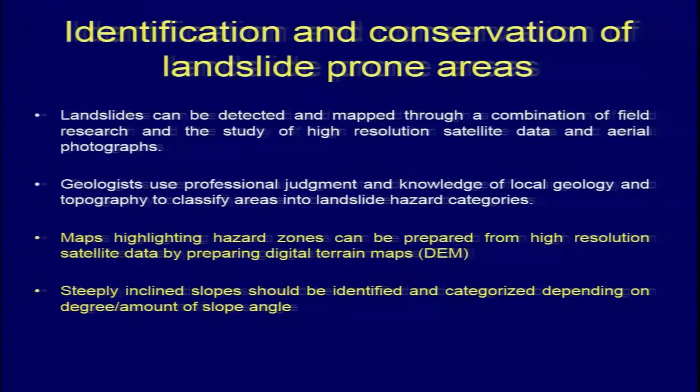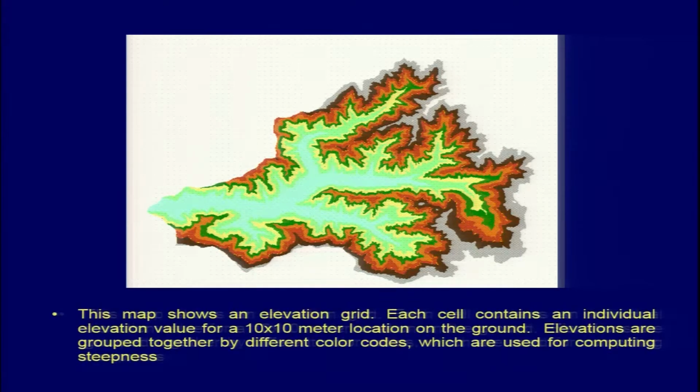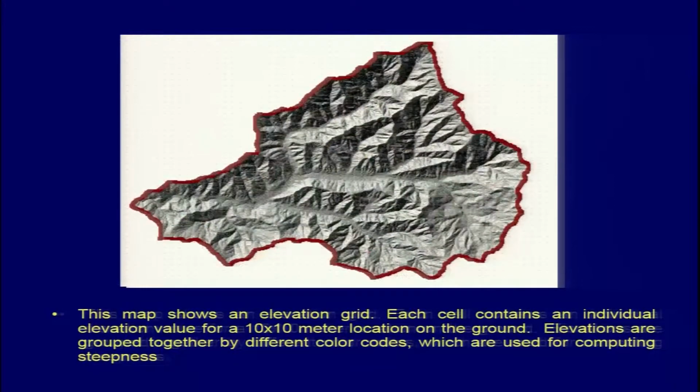So, these are a few things which one can do easily and prepare the digital elevation models, and even with high resolution satellite data you can prepare 3D models, that is what we call 3D perspective views.